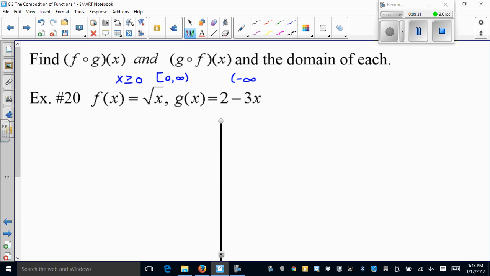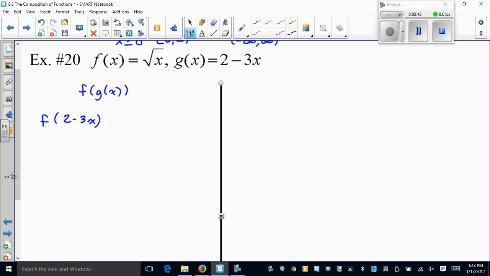Okay, so they're asking for f of g, which means it's f of 2 minus 3x. And f of x is radical x, so it's the square root of x, but now my new x is 2 minus 3x.